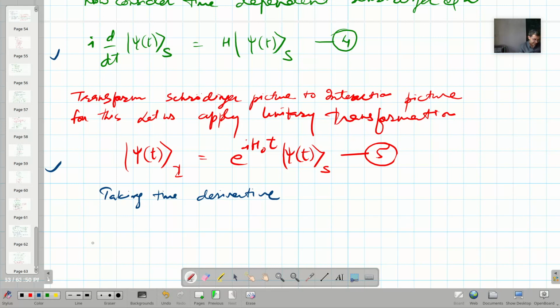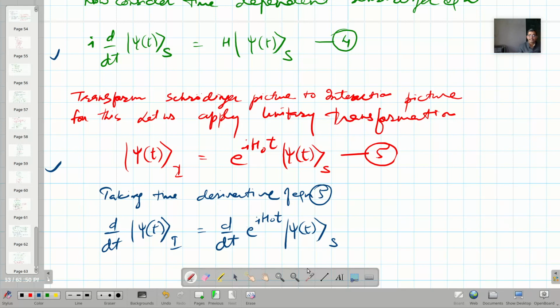So if we take a time derivative, then I can write d upon dt psi t I must be equal to d upon dt of e raised to power iota h naught t and psi t s, the time derivative of equation number 5.